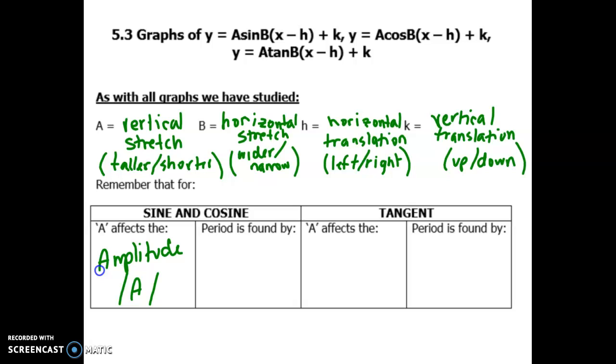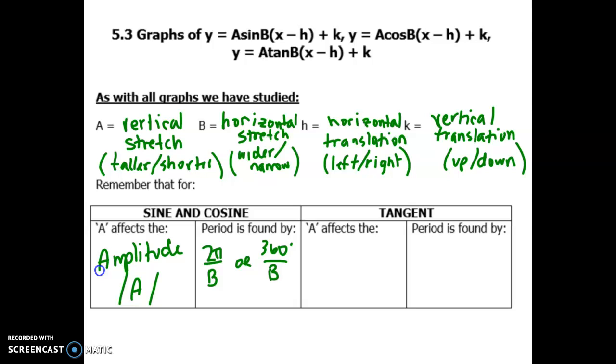It's talking about a distance. So even if your A is -3, your amplitude is +3. The period is found by 2 pi divided by B, or we could say 360 degrees divided by B. So it's your regular period divided by your B for your stretch.